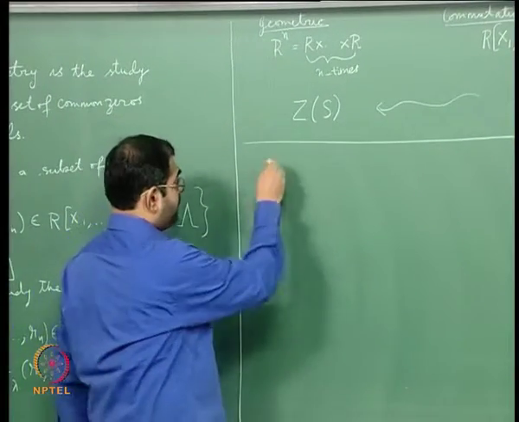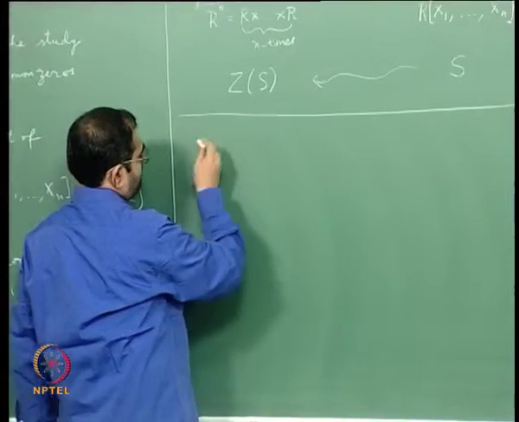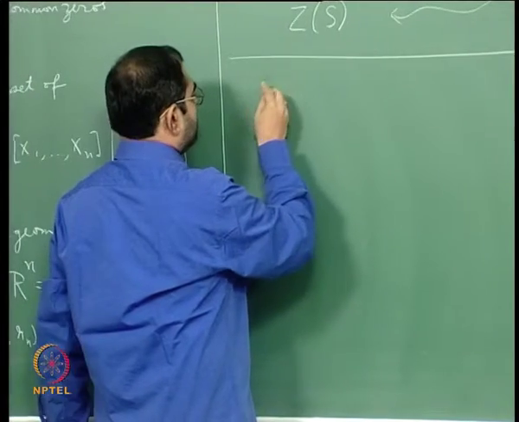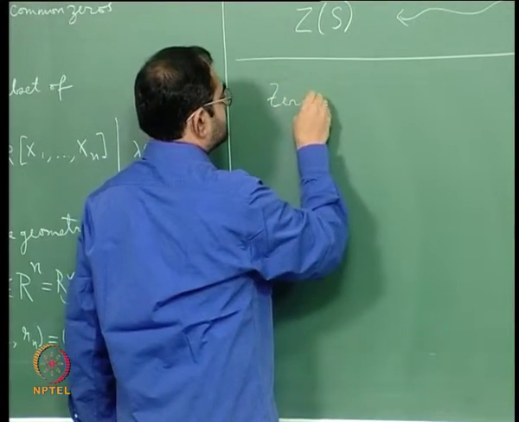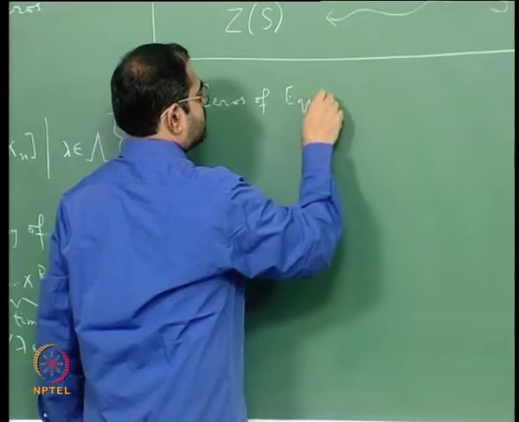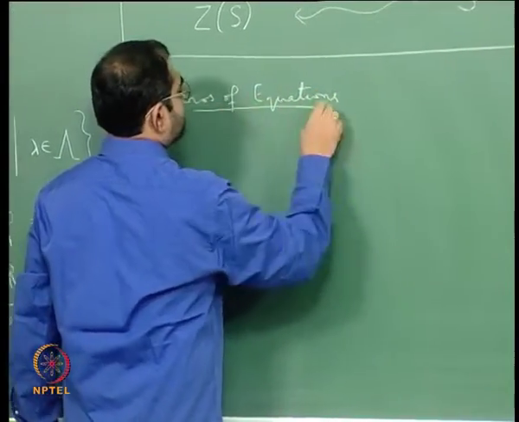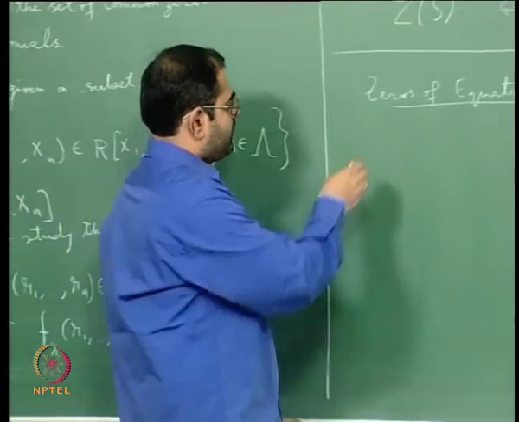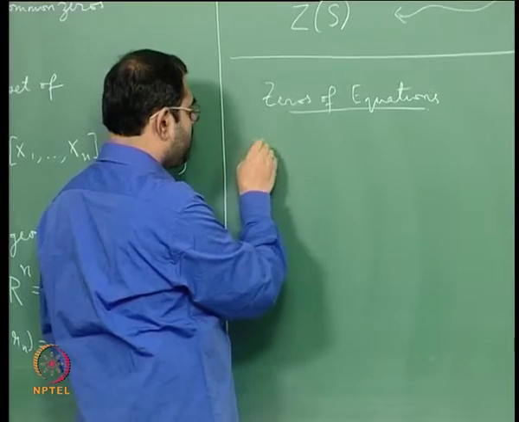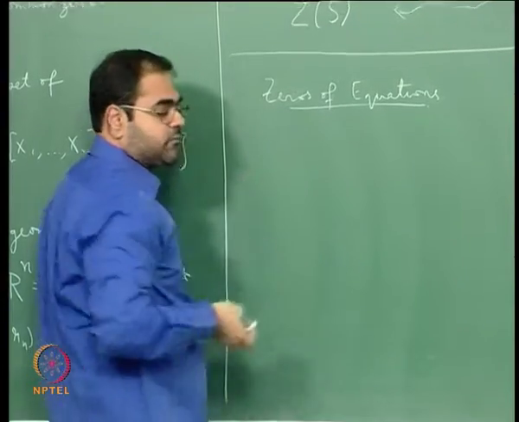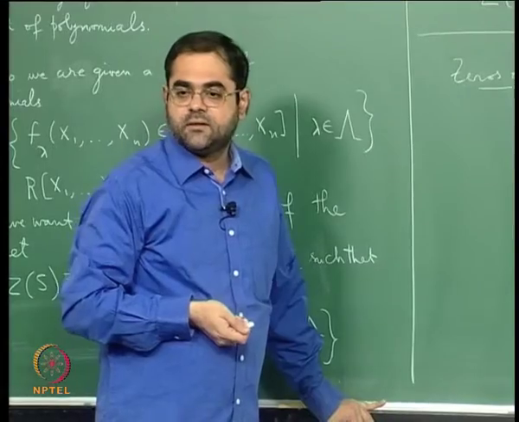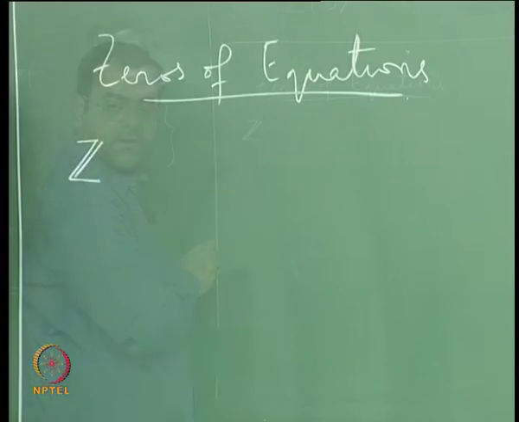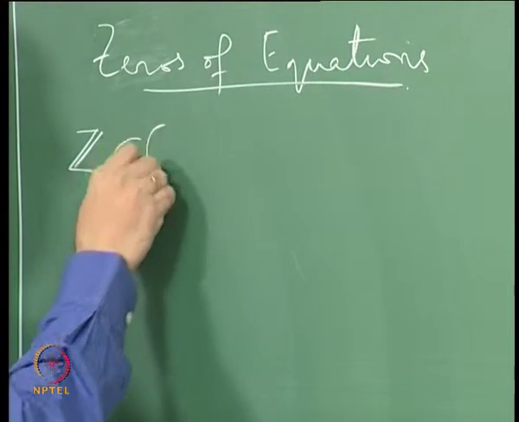So what I am going to do is tell you something about solving equations, or rather, zeros of equations. Well, the first thing is, as you would have come across in any first course in algebra, usually we start with integers, and then you extend them to rational numbers.